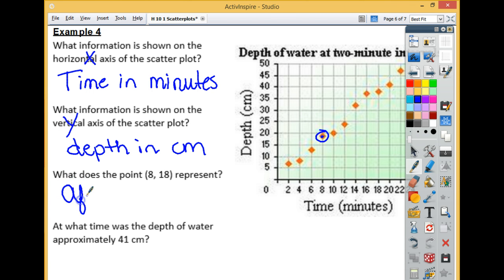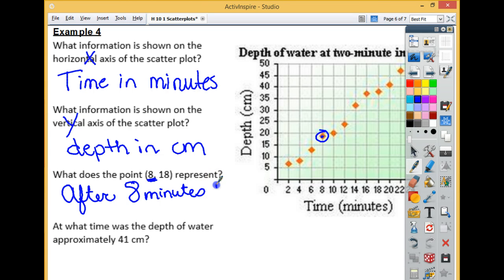How about after? I'll start out with after, because it makes it easy if you describe the first one first. After what? After, what is this one? After, good, after 8 minutes, what happened? What about 18? After 8 minutes, the depth of water was.